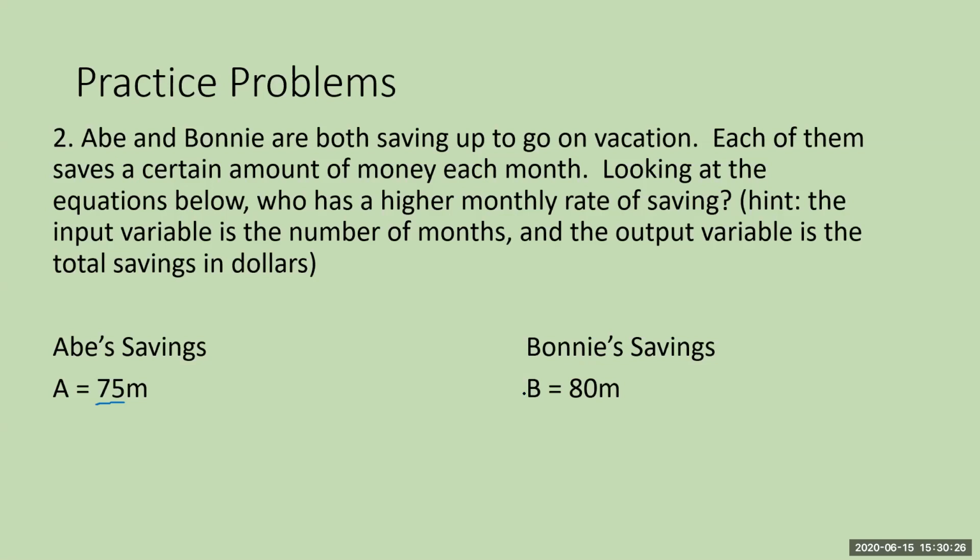Well, Bonnie is saving $80 a month times the number of months that she's been working on it. So Bonnie's rate of savings, her unit rate, is $80 per month. So we would say that Bonnie has a higher rate of savings. She's putting away more dollars per month.